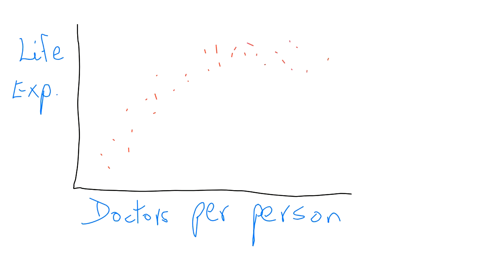So this is how my plot would look. Let's say I calculated the correlation coefficient and found that r is equal to 0.705. So now what can you tell me about the life expectancy and doctors per person in these 40 different developing countries?